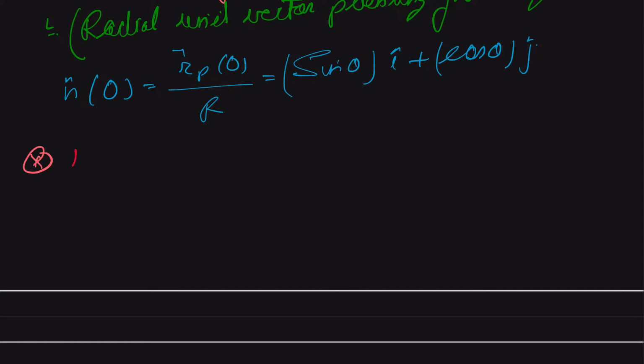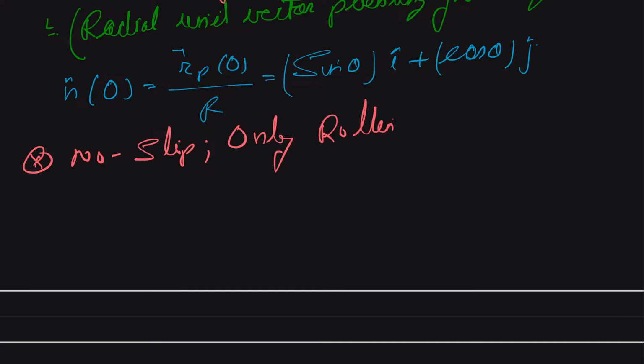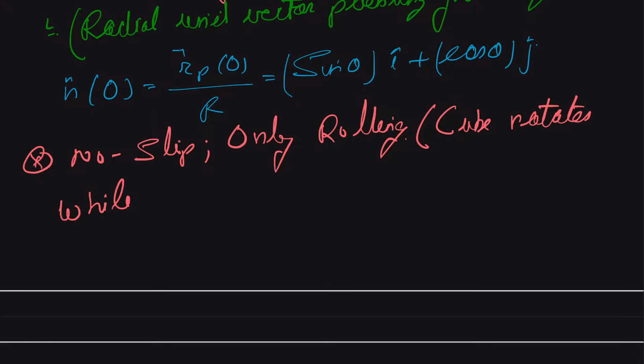So you can say no slipping, only rolling, and the cube rotates while the cylinder is fixed.